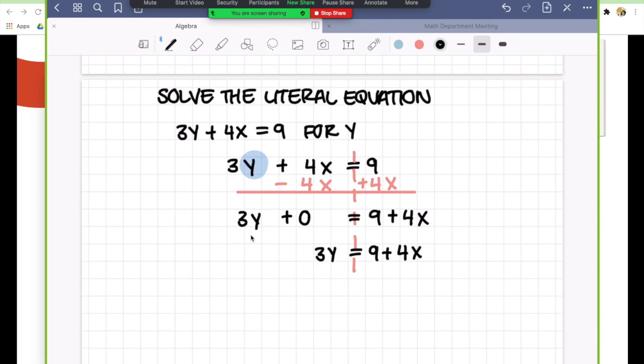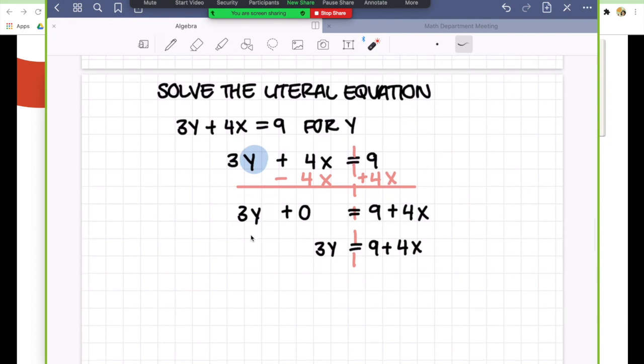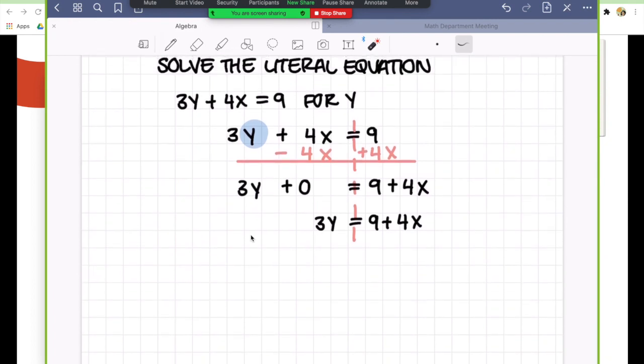The last thing that I want to do is move that 3 to the other side. I know that whenever a number is next to a variable, or a variable is next to a variable, there is still that imaginary multiplication sign in between them. So because there's an imaginary multiplication sign, I want to do the opposite operation and divide both sides by 3. When I do that, I'm left with y equals 9 over 3 plus 4 over 3x.